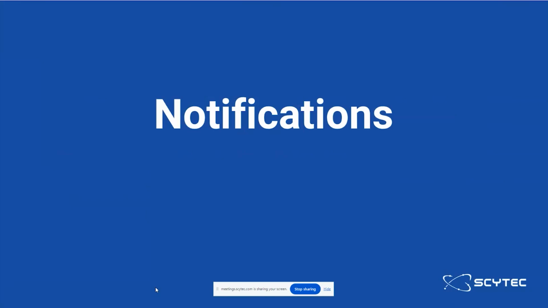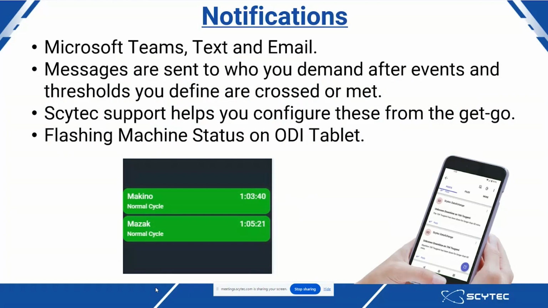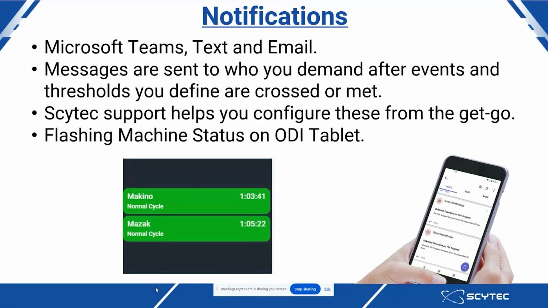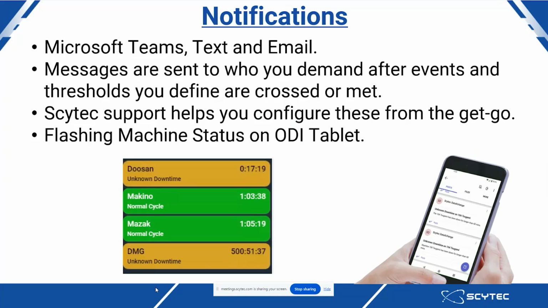Next up, I'd like to discuss the notification feature set inside of Scytec DataXchange. The notification features come in 3 different forms: Microsoft Teams, text, and email. Messages are sent to those whom you choose after events occur or certain thresholds that have been previously defined are crossed or met.